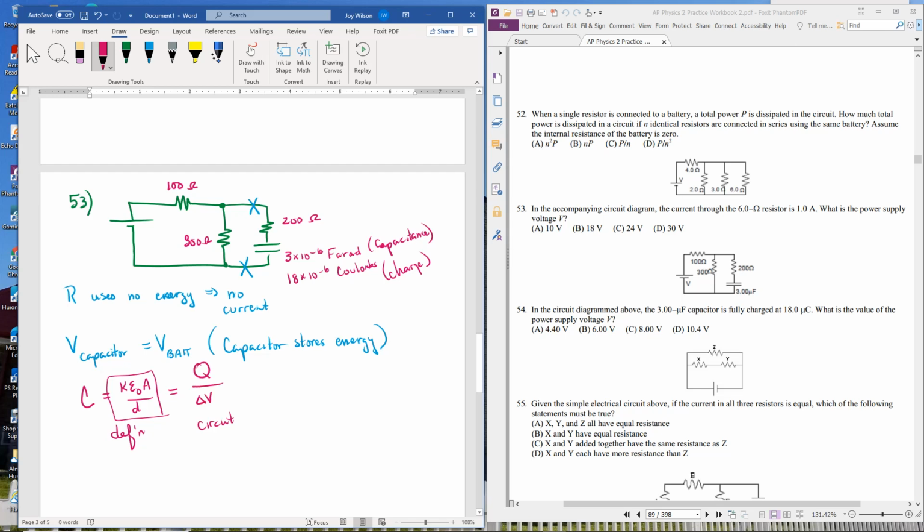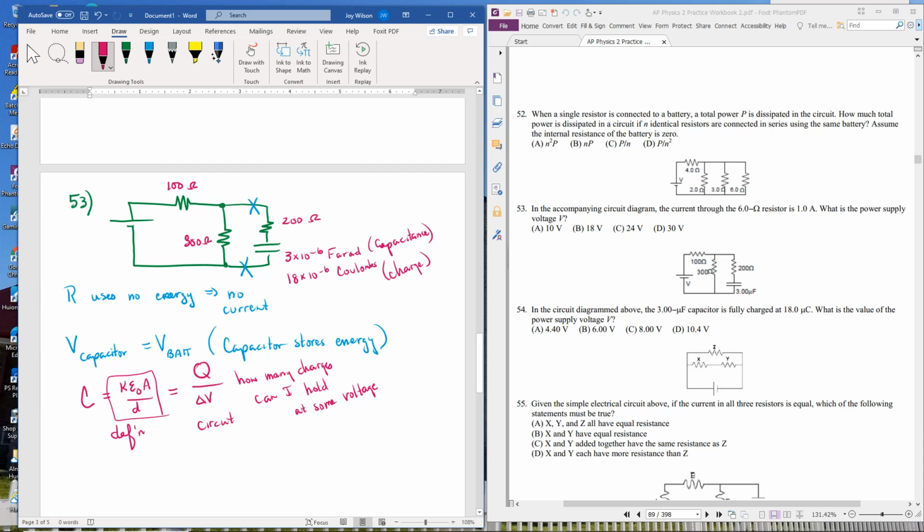So how many charges will I hold at some voltage? A voltage tells you how much energy you get per charge. So a capacitance only holds a certain amount of energy.